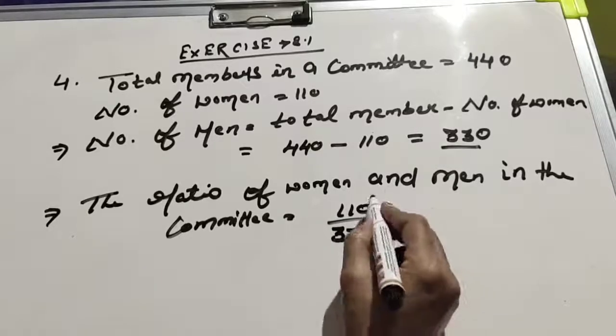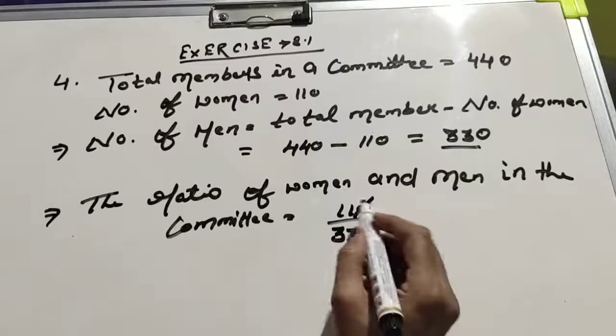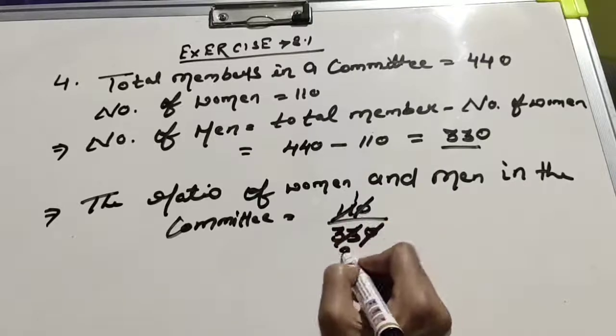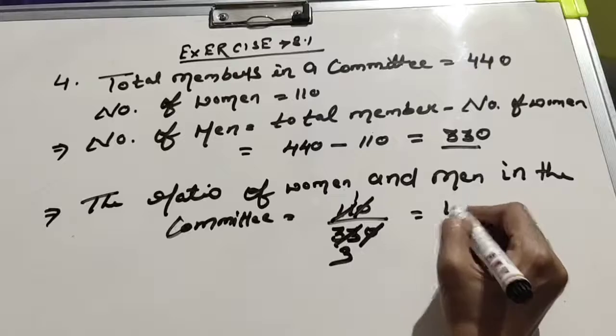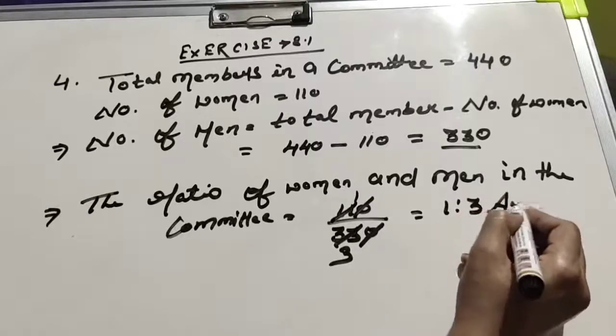You just cut it, 0 0 same, 11 1 is 11, 11 3 is 33. Your ratio is 1:3, the correct answer.